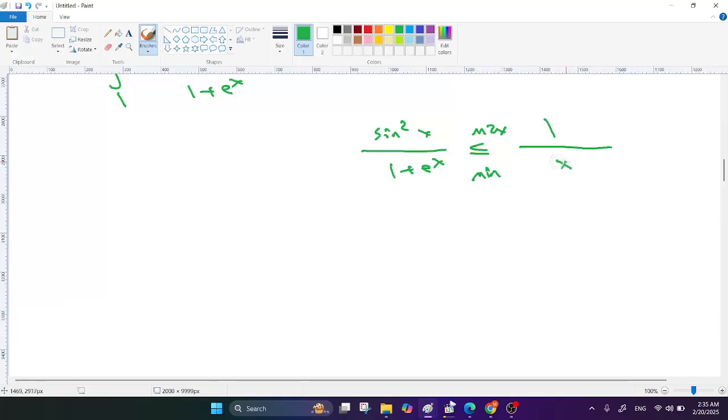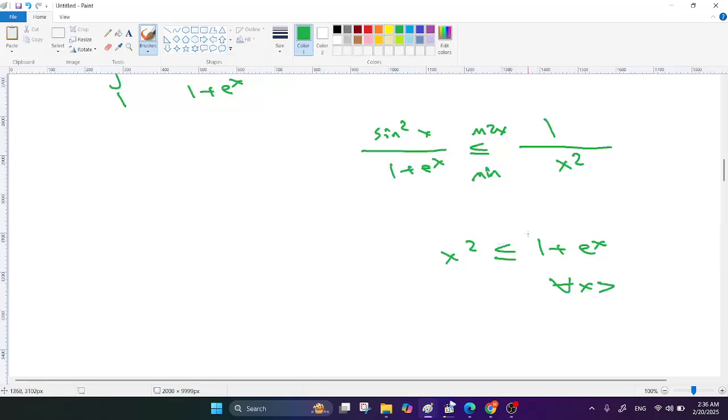Just put x squared. Why? Because x squared is less than or equal to 1 plus e to x for all x greater than some value. There exists a value such that for all x greater than it, this inequality is true.